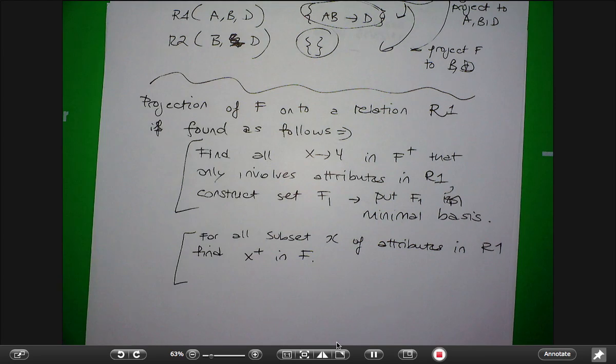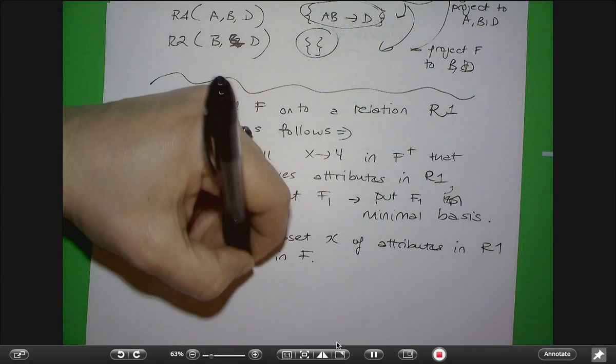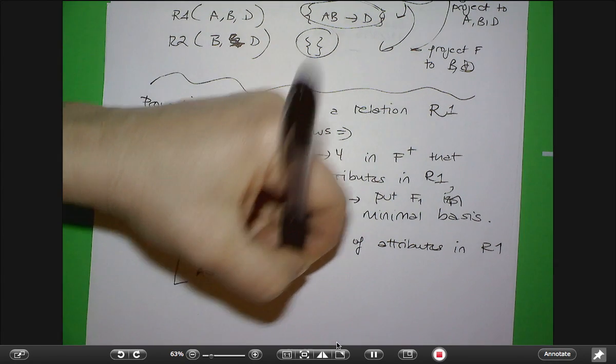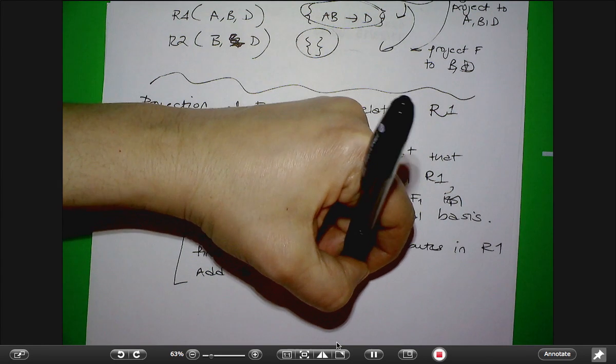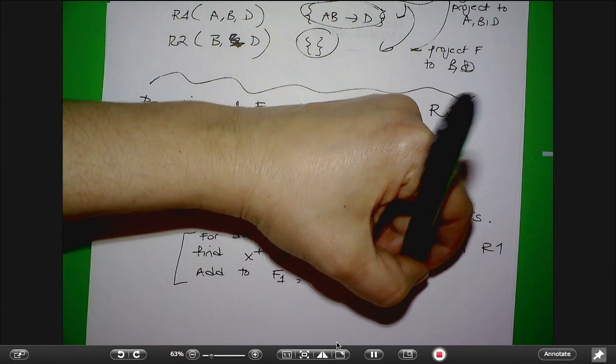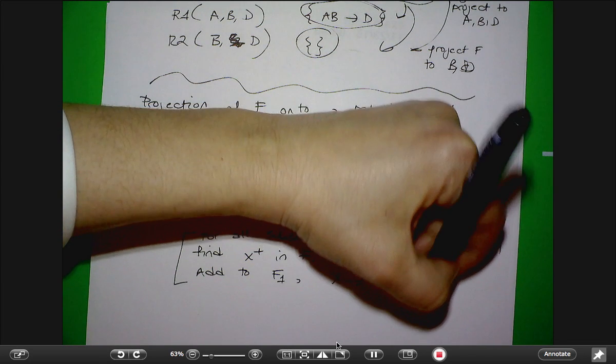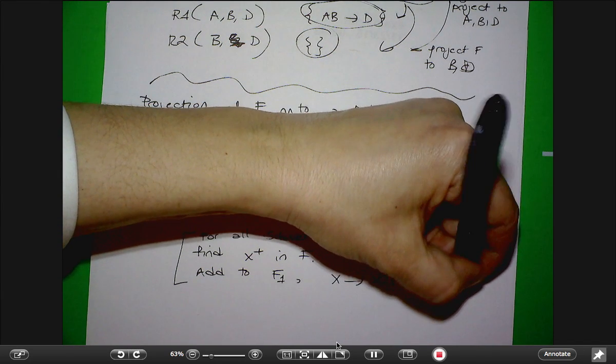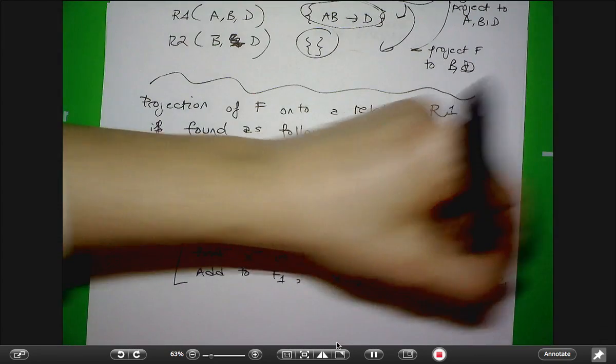Then basically add to F1 X implies X plus intersection with attributes in R1. There's a lot of hand waving, but you understand where I'm going.